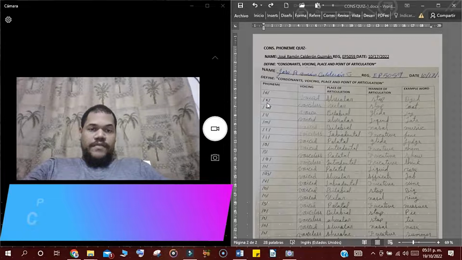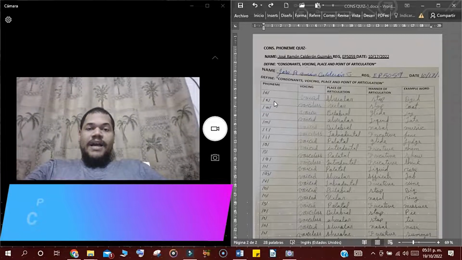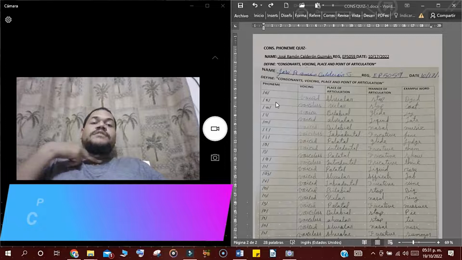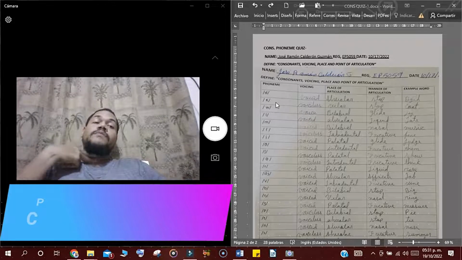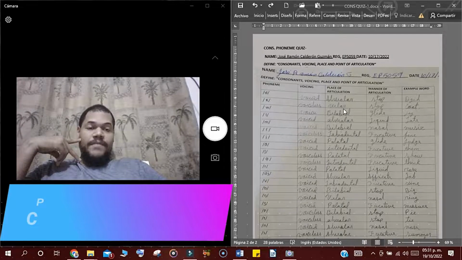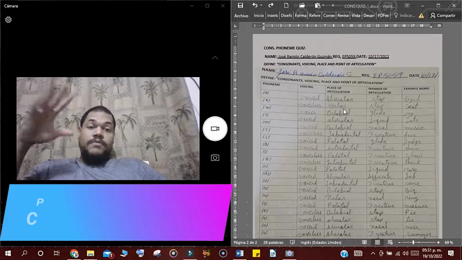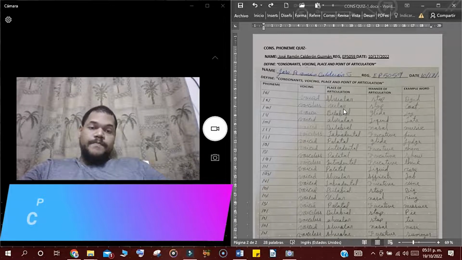Another phoneme that we have here is K, which is voiceless. It's voiceless because the vocal cords don't vibrate. Also, according to the place of articulation, it's velar, because it is made by the interaction of the back of the tongue with the soft palate.